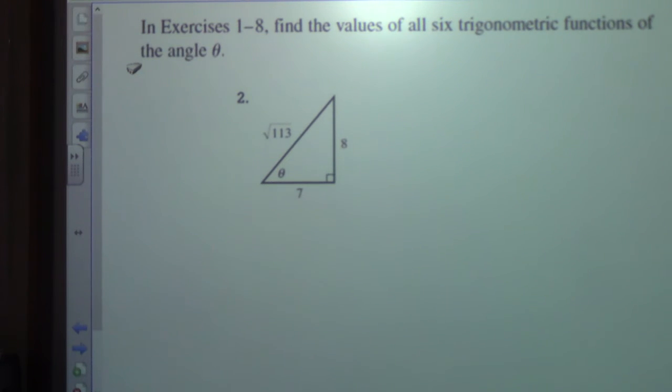Oh, it's square root. Yeah, it's square root. We're working on one. Yeah, it's 10 points.